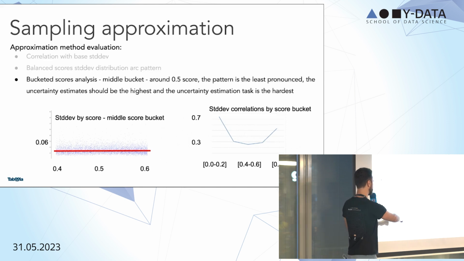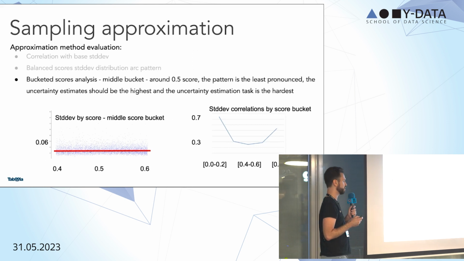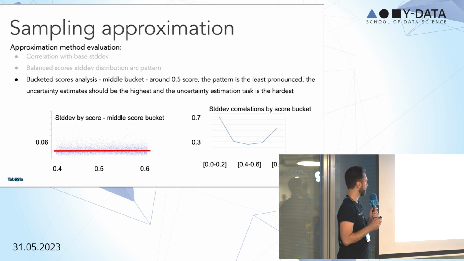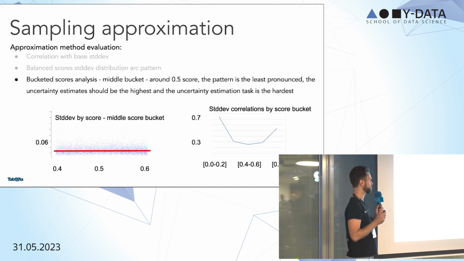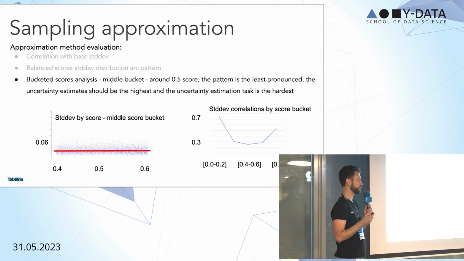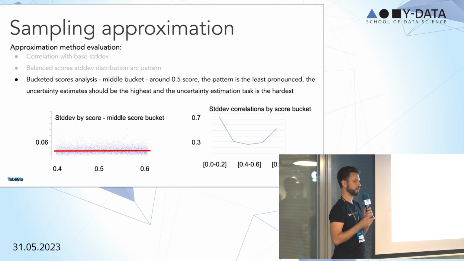You can see here the score distribution in this bucket. It doesn't really follow any distinguishable pattern. So any correlation computed on this bucket is because our uncertainty computation approximation is probably good. So that's the idea: evaluation on the hard segment of the scores.